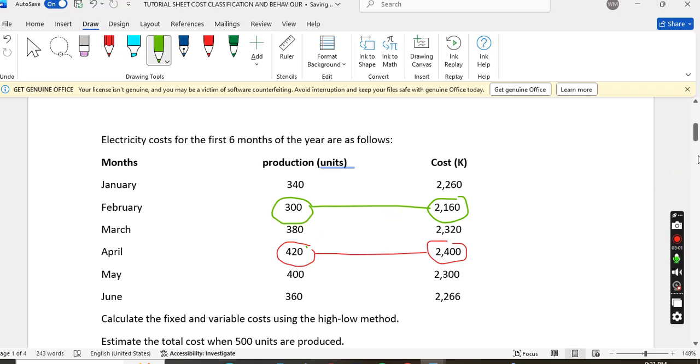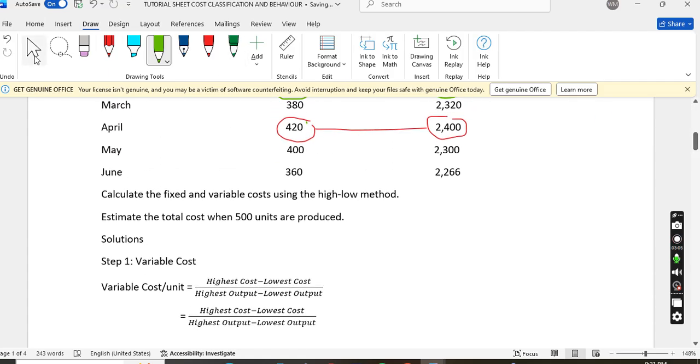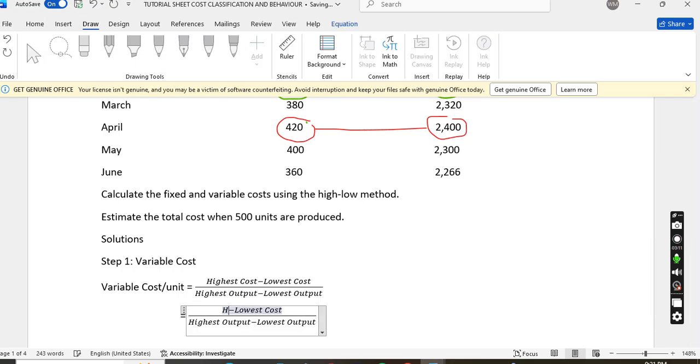So we get this information and put it in the equation. We're going to have 2,400 minus our lowest cost, 2,160, divided by our highest output, which is 420 units, minus our lowest output, 300 units.